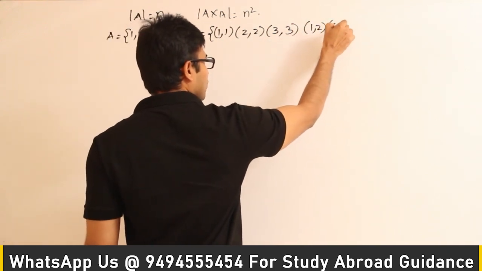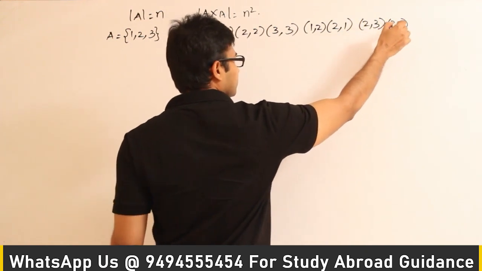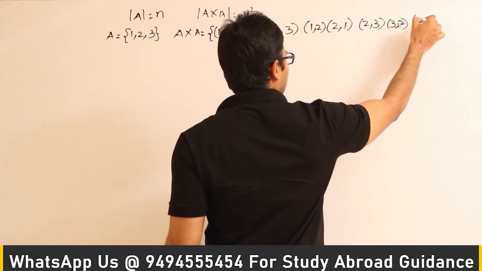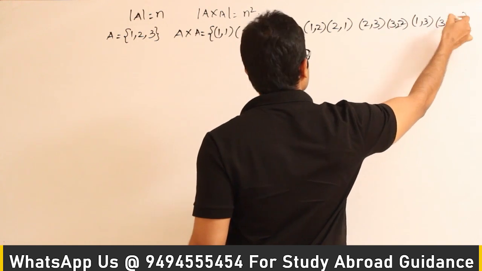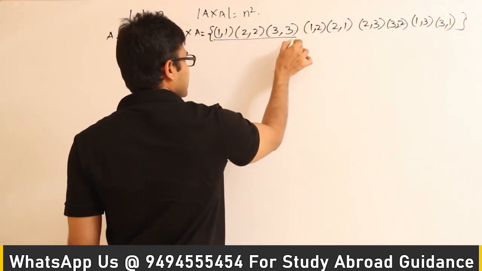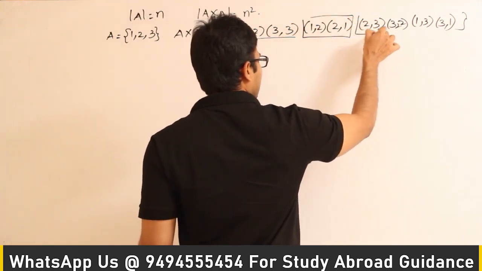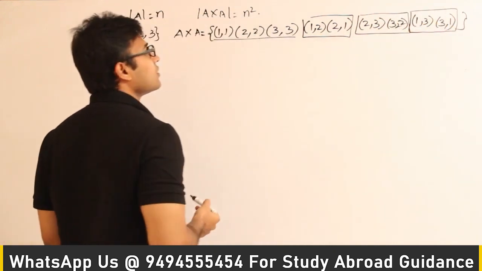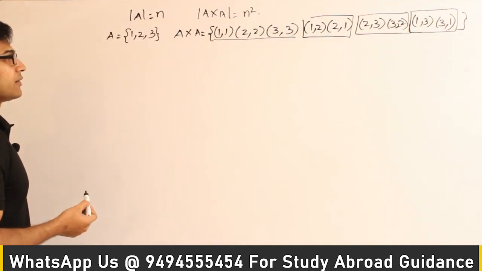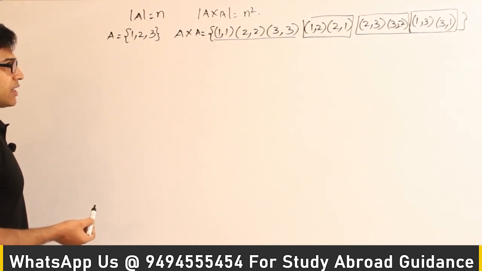What are they? (1,2), (2,1), (2,3), (3,2), and then (1,3), (3,1). These are the diagonal elements and the remaining are the non-diagonal elements.